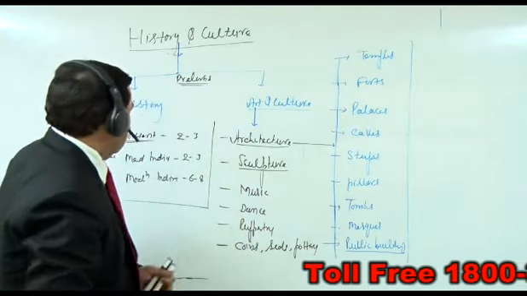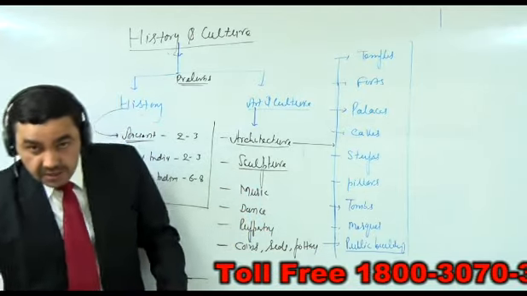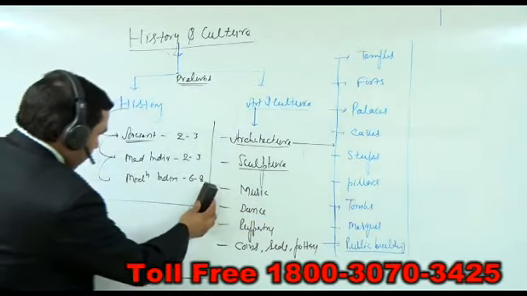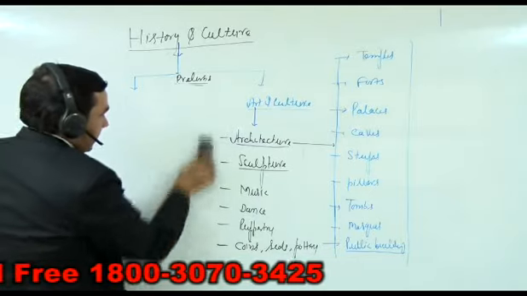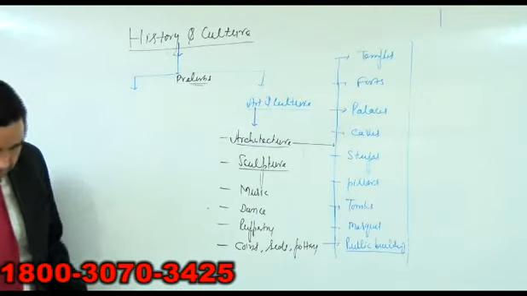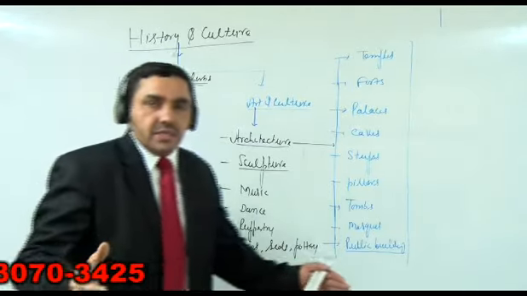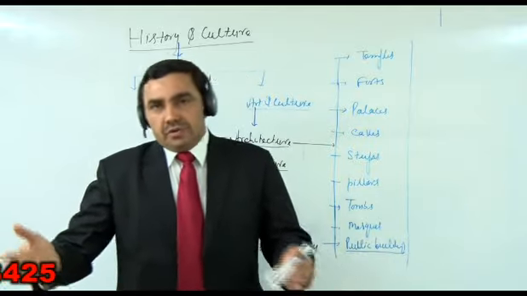When you look at culture, culture can be defined as something we inherit from our forefathers, from our parents. So something that we inherit from our parents is our culture. Culture, in simple language, we can say, is what we are, our way of life.